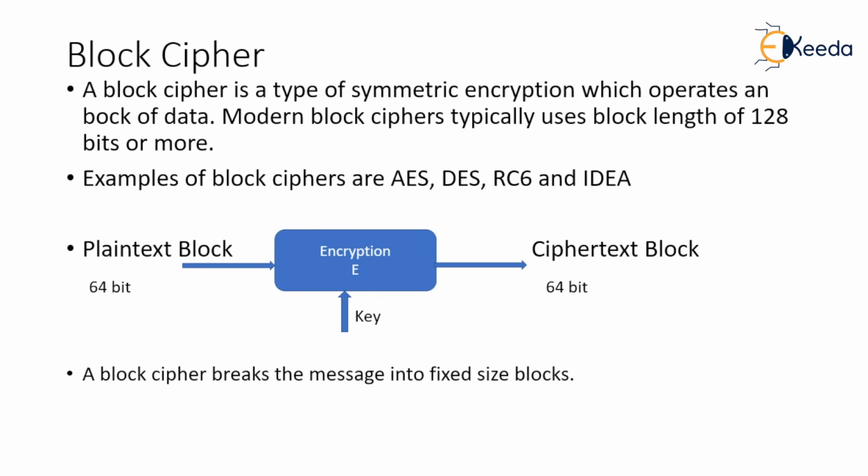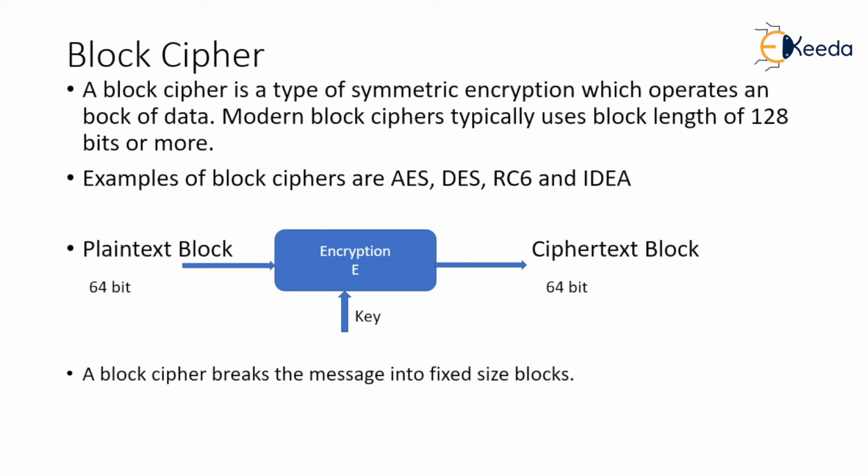That means for every bit, we are utilizing the modulo 2 operator. But in the case of the block cipher, though it is a symmetric encryption process same as the stream cipher, it doesn't operate bit by bit.